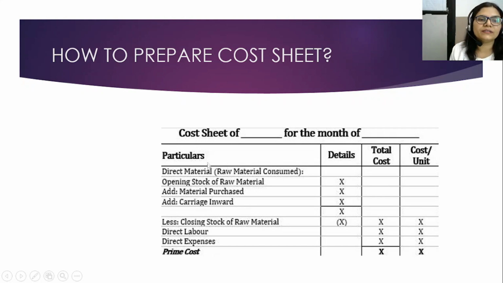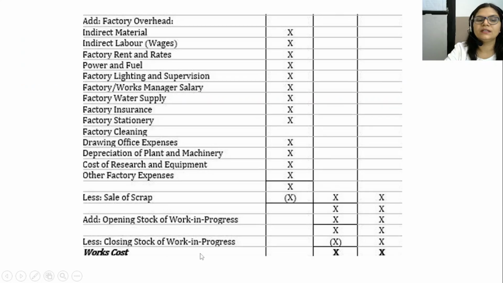So prime cost adds direct material, direct labor and direct expenses. To prime cost, we will add factory overheads. We will adjust the scrap value, deducting it from the factory overheads addition. Then we will adjust the opening stock of work in progress and closing stock of work in progress, and we will arrive at the work cost.